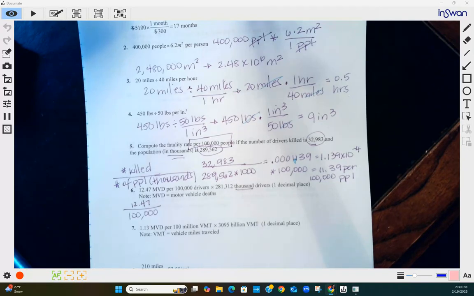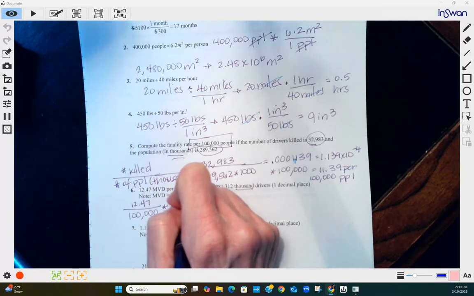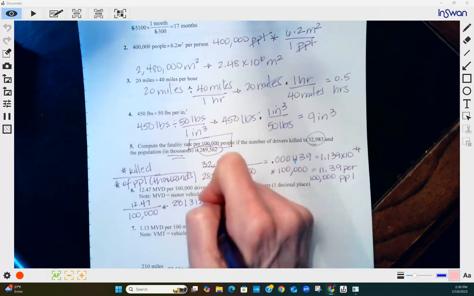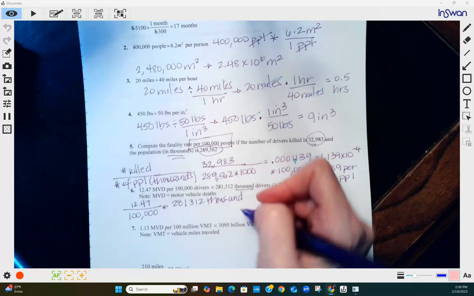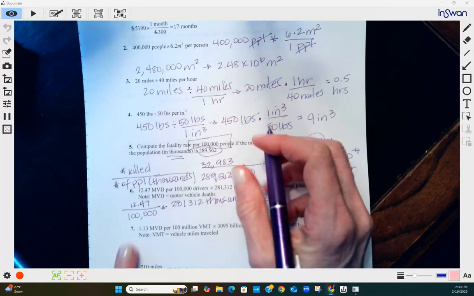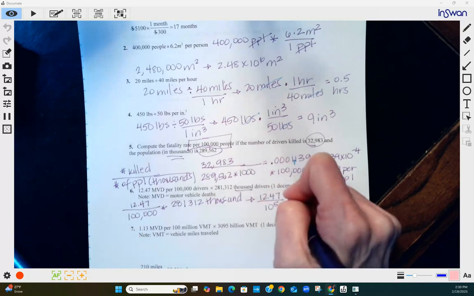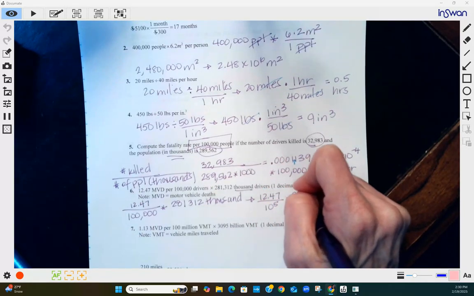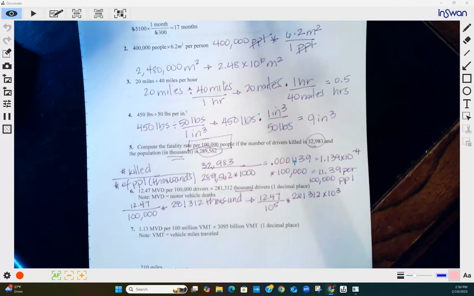I'm going to show you what it looks like if you do it with scientific notation. It says times 281,312,000. So I'm going to rewrite that all as 12.47. 100,000 is 1 zero short of a million, so that's 10 to the 5th, times 281,312 times 10 to the 3rd.